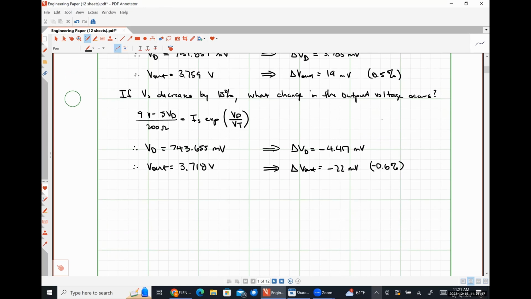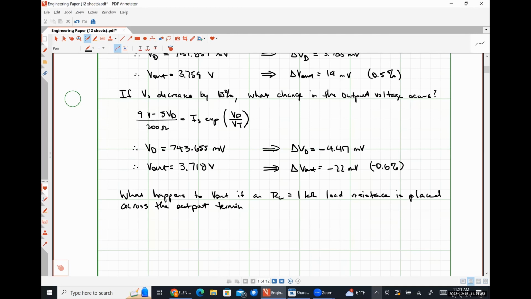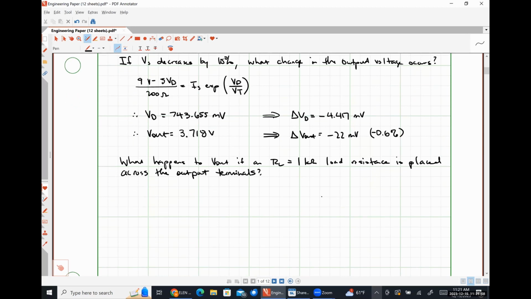Let me write this down. What happens to V out if an RL equal to 1 kilo ohm load resistance is placed across the output terminals here? So my KCL equation is going to look like this.